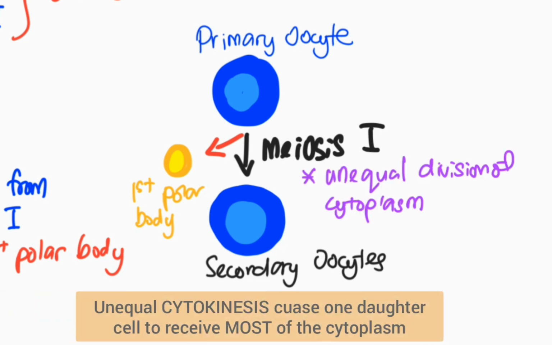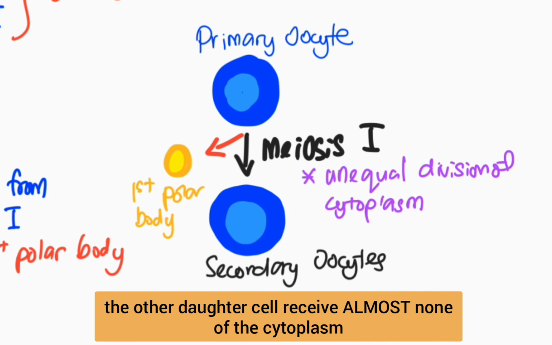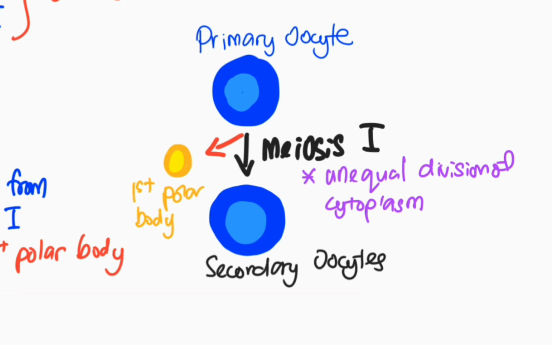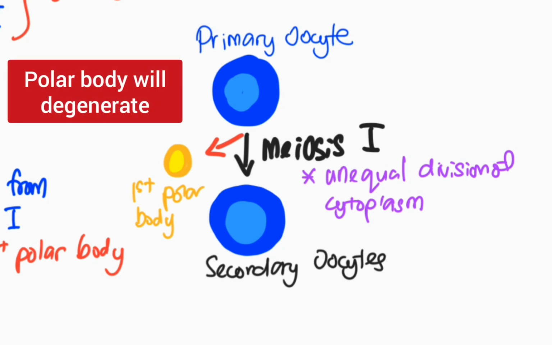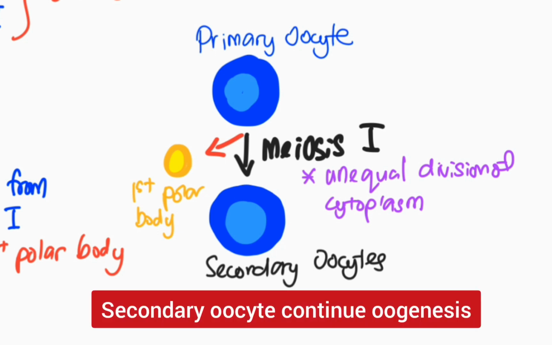Kenapa unequal? Sebab salah satu sahaja daripada daughter cell akan receive most of the cytoplasm. So the other daughter cell akan dapat almost none of the cytoplasm. So polar body, oleh kerana dia ada sikit saja cytoplasm, dia tak cukup nutrient untuk continue to survive. So eventually the polar body akan degenerate ataupun die. So secondary oocyte sahaja yang akan survive and continue the process of oogenesis.